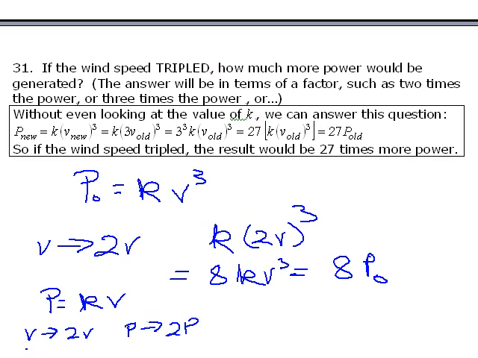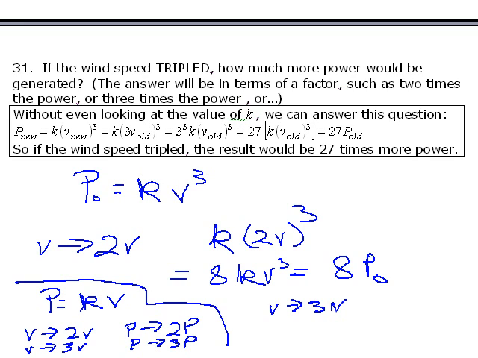If I triple the velocity, then I get 3 times the power. That's for this case here. Now if it's cubed, it doesn't work that way. If I double it, I get 8 times the power. If I triple it, I get 27 times the power. So obviously that's a much better design.